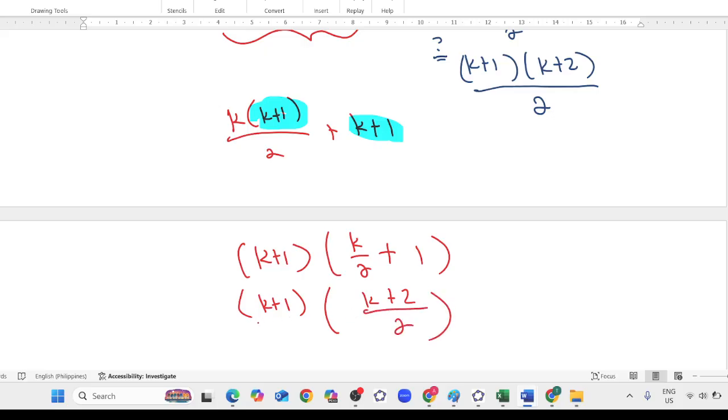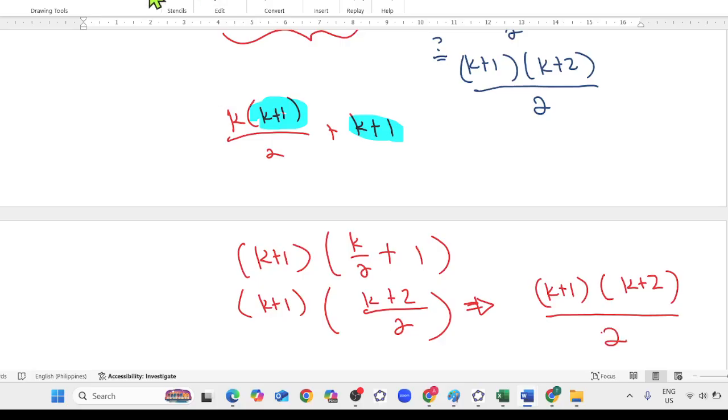And then we end up with k plus 1 times, sorry, it's multiplication, times k plus 2 over 2.